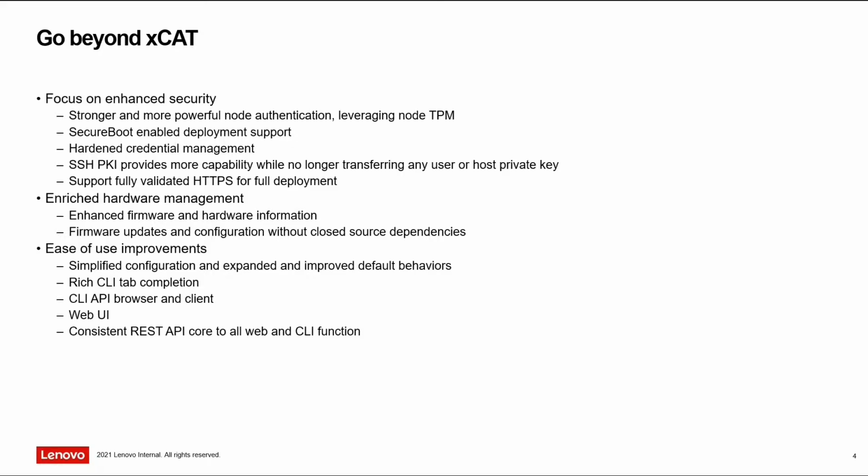We've implemented a number of ease of use enhancements. We have a simplified configuration with fewer settings required to be set, thanks to more reasonable defaults and auto-detect capabilities. We have rich tab completion in our command line interface. We have API browsers for the command line and web GUI.